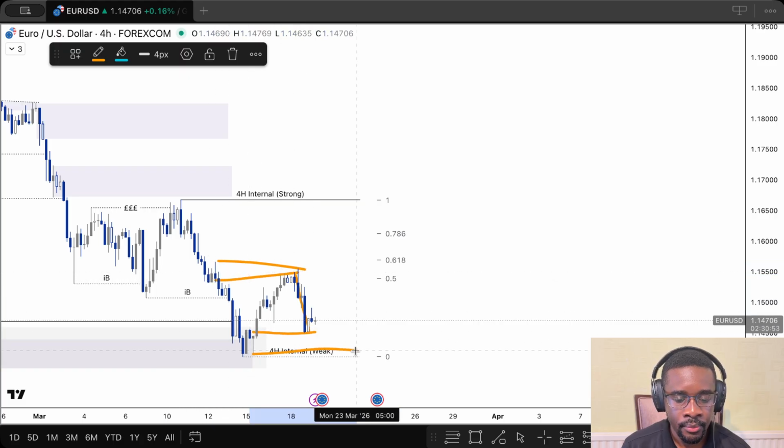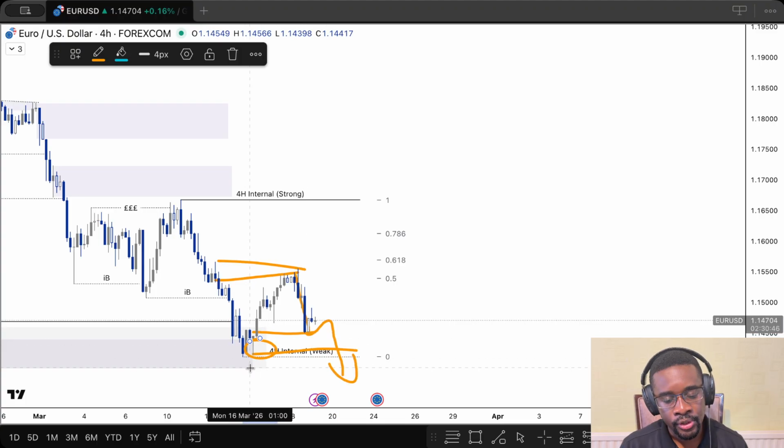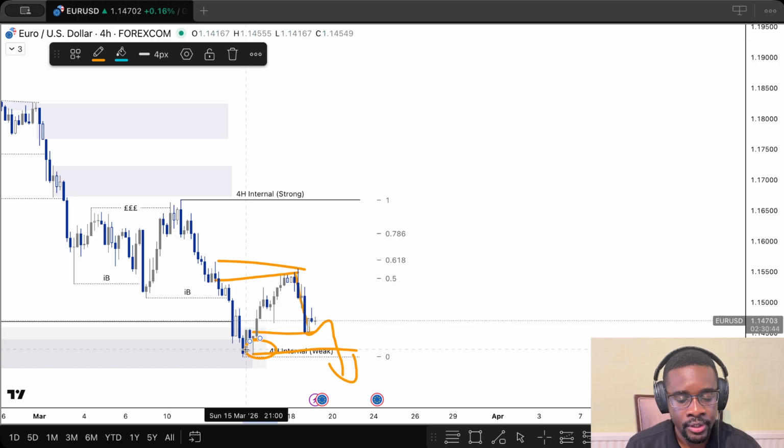Now price has come back into this area again, so we might have to wait and see if this area fails. And that means overall, once the daily demand and the 4 hour demand fail, then we continue to expect price to continue bearish.